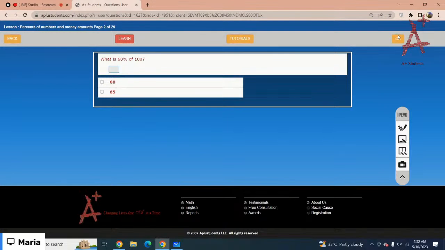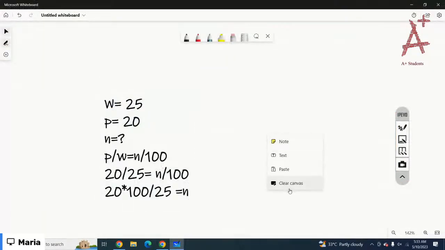What is 60% of 100? Which is the correct option? You can calculate by using the same proportion.